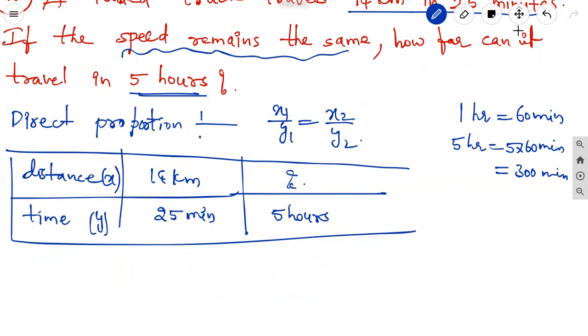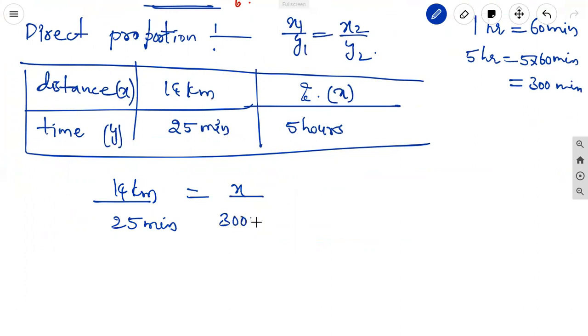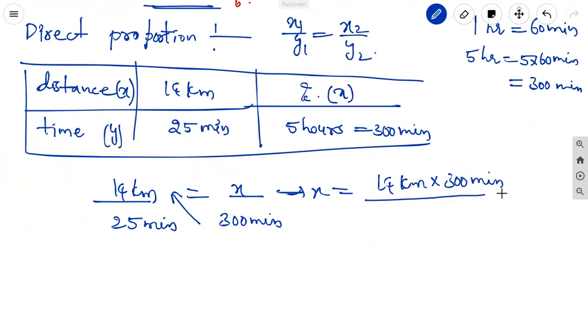Okay. Now we take the relation. Let the distance covered in 5 hours be x. So we take the direct proportion: 14 kilometer by 25 minutes is equal to x by 300 minutes. 5 hours is 300 minutes, 5 into 60, and cross multiply. x equal to 14 kilometer into 300 minutes by 25 minutes.